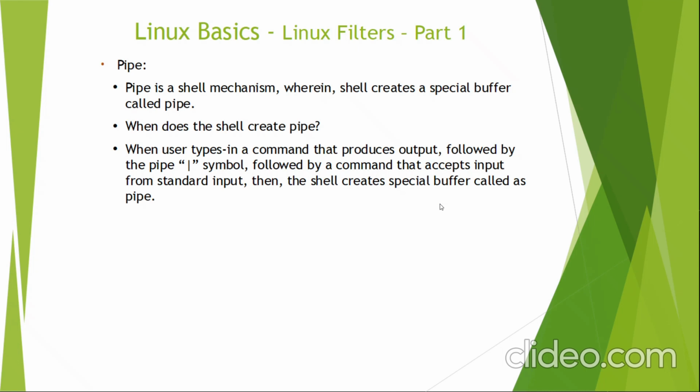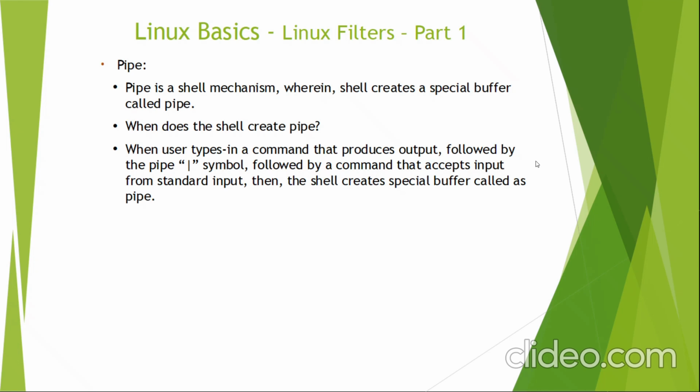In that case, the shell creates a special buffer called a pipe. The command that is supposed to write output to the user's console, the screen, would write its output to the pipe. It will put its output into the pipe, and whichever command is supposed to read input from the keyboard will read from the pipe.